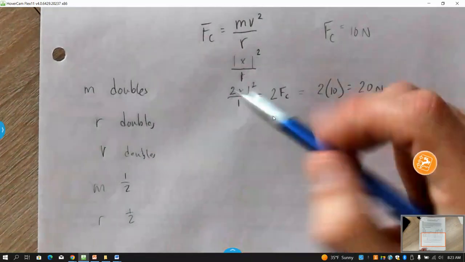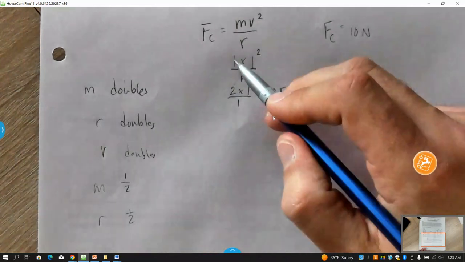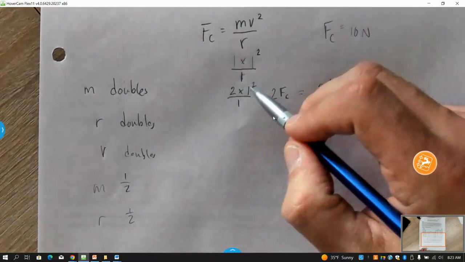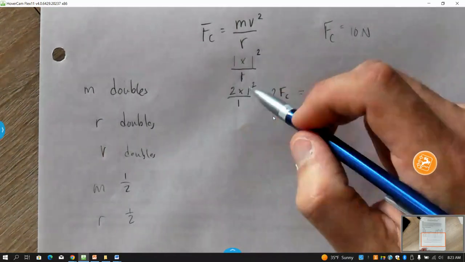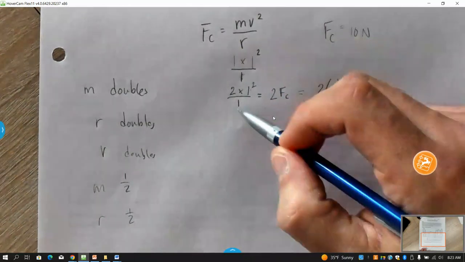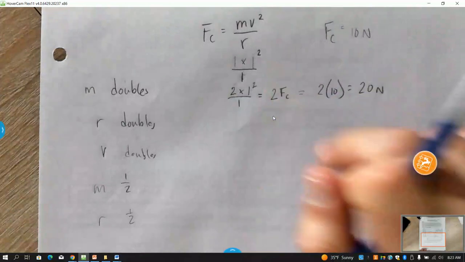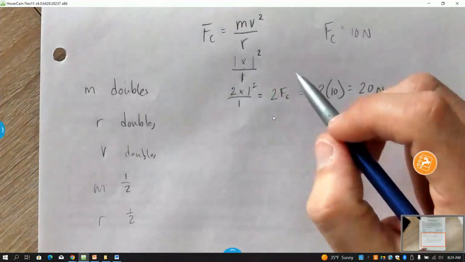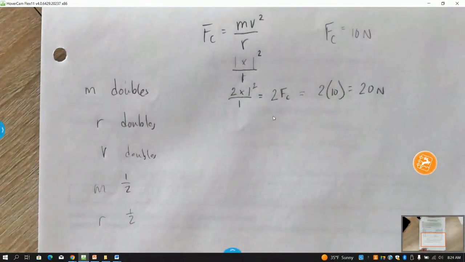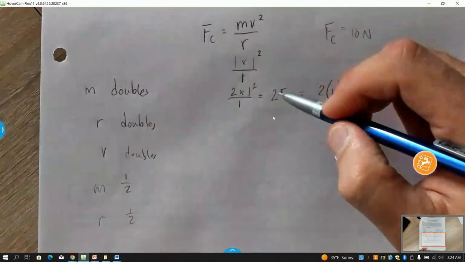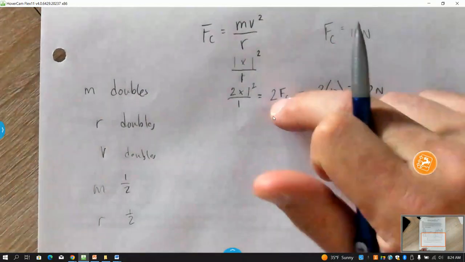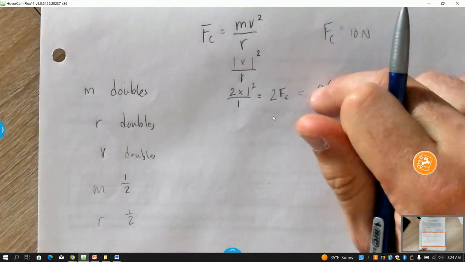When they said the mass doubles, we changed the 1 that was an m to a 2. Nothing else happened, so we keep v and r at 1. Because it's a proportionality, if the mass doubles, you're going to need 2 times the centripetal force.